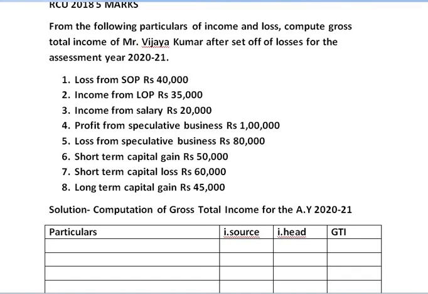The information is: loss from self-occupied property rupees 40,000, income from let-out property rupees 35,000, income from salary rupees 20,000, profit from speculative business rupees 1 lakh, loss from speculative business rupees 80,000, short-term capital gain rupees 50,000, short-term capital loss rupees 60,000, long-term capital gain rupees 45,000.